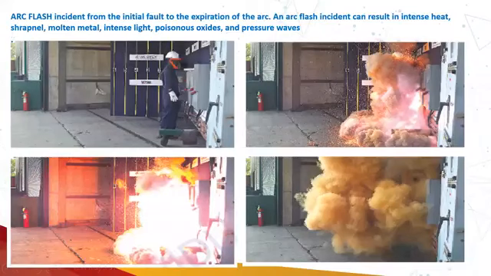Right. So an arc flash incident is the event from the initial fault to the expiration of the arc. An arc flash incident can result in intense heat, shrapnel, molten metal, intense light, poisonous oxides, and pressure waves. So if a person is operating a particular piece of equipment, there might be an impending failure within the equipment itself, and he does not know.